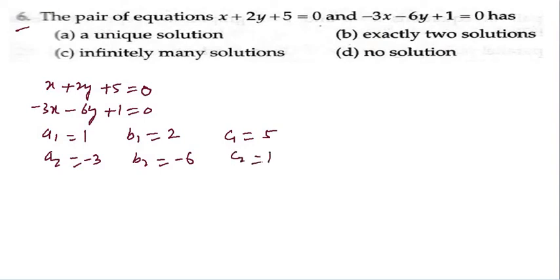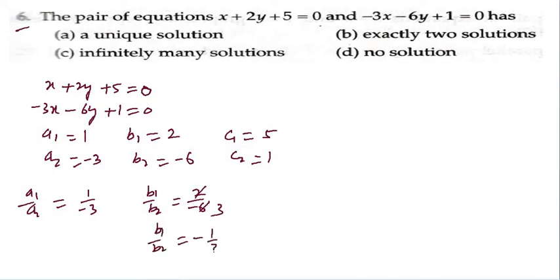Now we want to find a1 upon a2. So a1 upon a2 is equal to 1 upon minus 3, and b1 upon b2 is 2 upon minus 6. So it cancels out. So b1 upon b2 कितना हो जाएगा? It will be minus 1 by 3. And c1 upon c2 भी फाइंड कर लीजिए. c1 is 5 and c2 is 1.